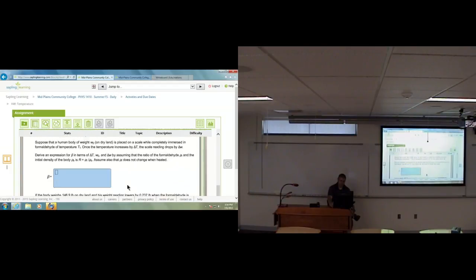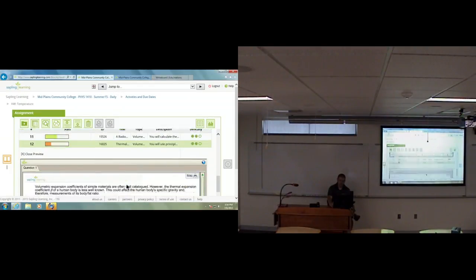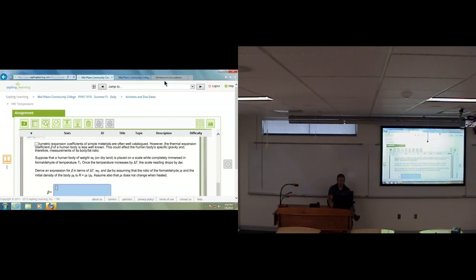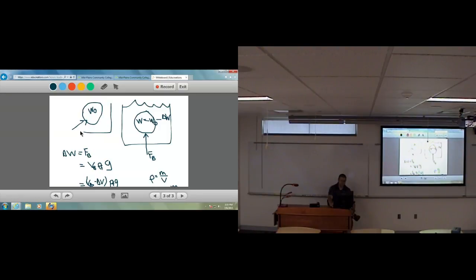Okay, so we're not quite on the right track, because we went from outside the tank to inside the tank. Theirs is actually inside the tank both times, and they changed the temperature in the tank, right? So this is T1 and this is T2.